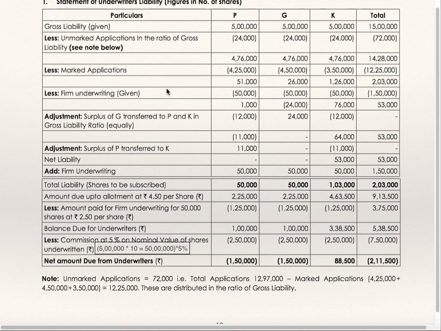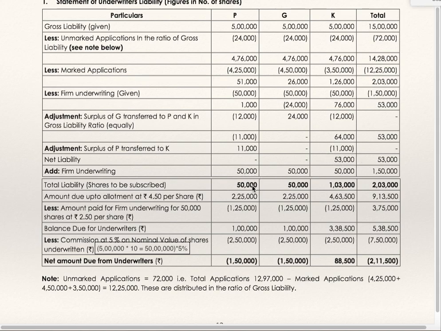Now you can prepare this statement. This is very simple. From gross liability, deduct unmarked application, deduct marked application, deduct firm underwriting. If there is any negative figure, distribute it between the underwriters having positive figure in the ratio of gross liability, and you will get the final answer 2,03,000. 53,000 is the liability which is not taken over by public, which will be taken over by K as per these calculations.